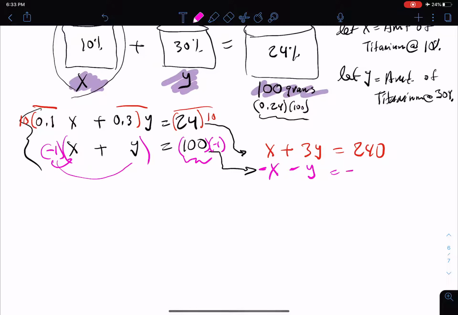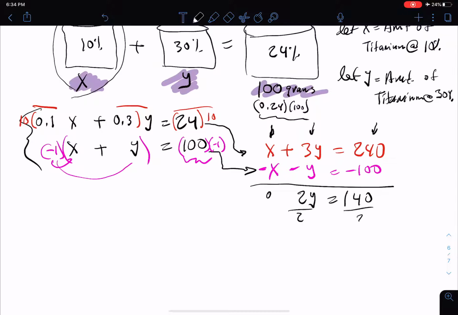Then we add them up. Of course, the x zeroes out. Awesome. Then 3y minus 1y is 2y, and 240 minus 100 is 140. Divide by 2, and y equals 70.